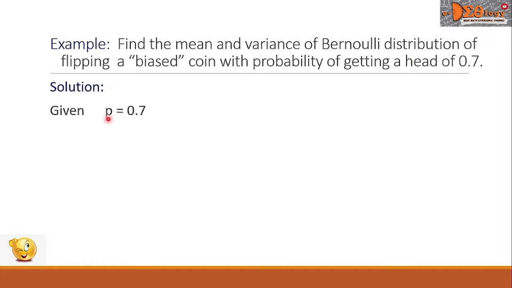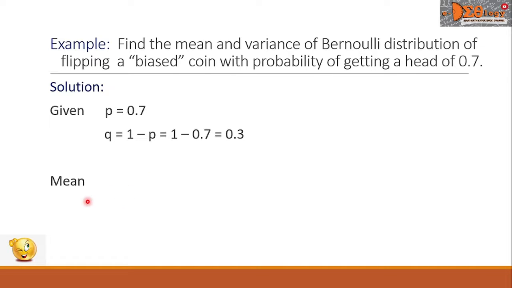We assign that to be p is equal to this value, 0.7, which means we can compute for the q, and that is 1 minus p. We substitute the value of p, we have 1 minus 0.7, and the answer here is 0.3.